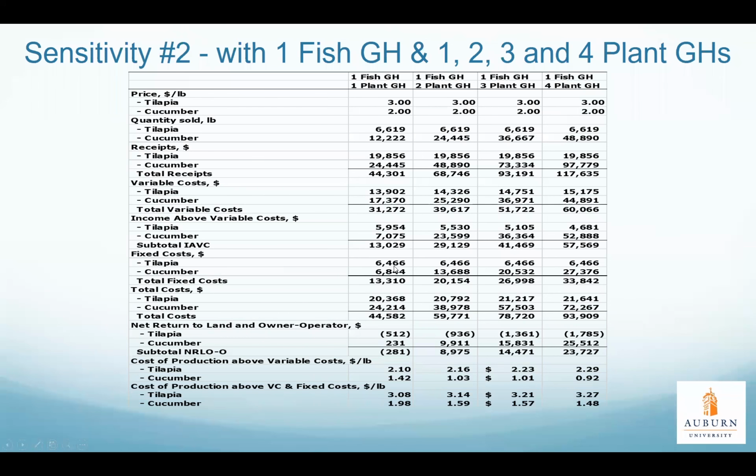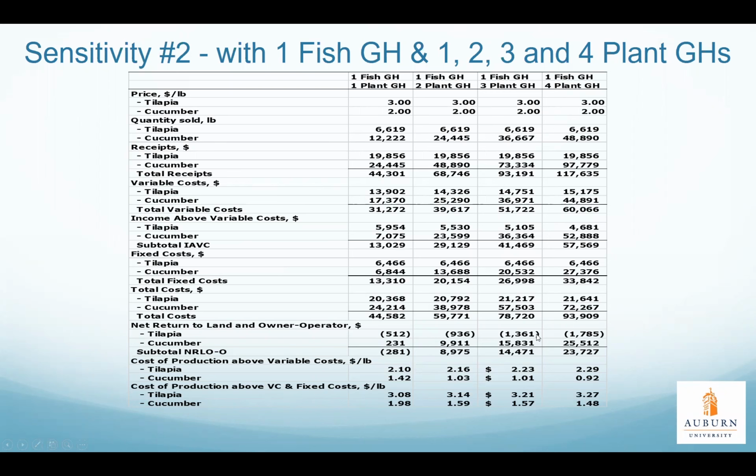And we can go right down here to our net returns, and looking at the tilapia was losing, cucumber gain positive, and tilapia losing a little bit more, the cucumber gaining a lot more with 2 cucumber greenhouses. With 3 cucumber greenhouses, we're getting a lot more for the cucumbers.